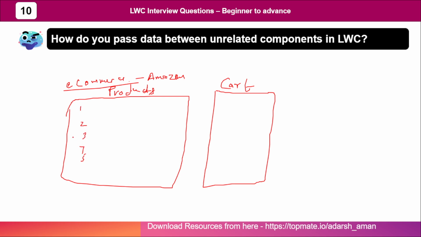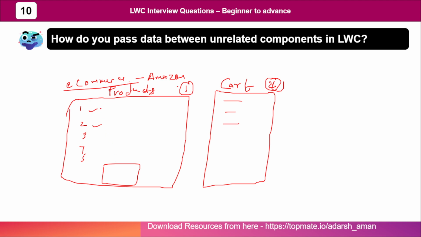Let's say whenever you select product 1 and 2 and click on the add to cart button, all the details will be displayed here. So let's say this is component 1, this is component 2. How will component 2 get to know what all products are added into the cart?